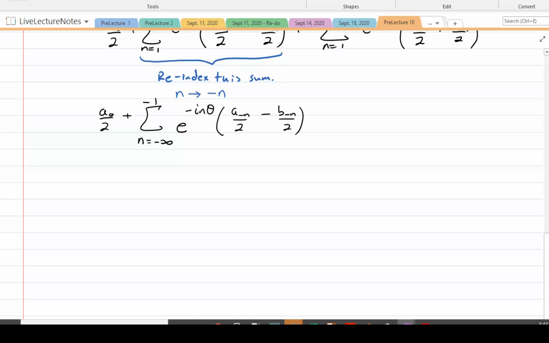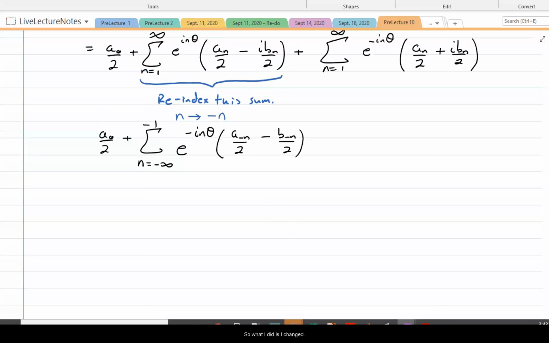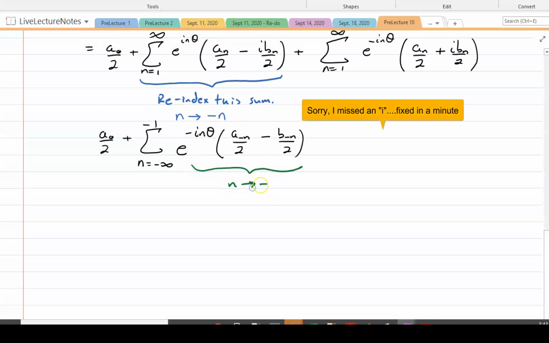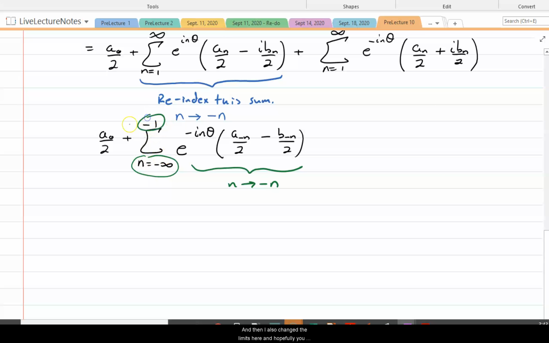Okay? So what I did is I changed n to minus n everywhere in here, and I also changed the limits, and hopefully you can verify just by writing out a few terms that these are the same terms as before. I'm going to get the same sum. I didn't change the value of the sum, I'm just writing it a different way.